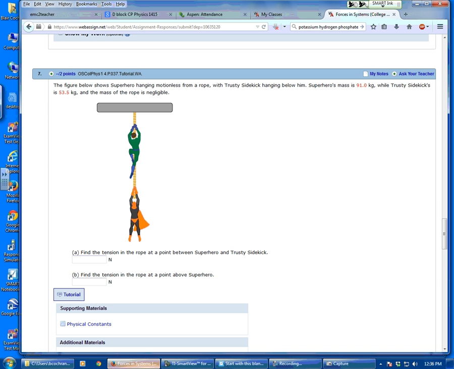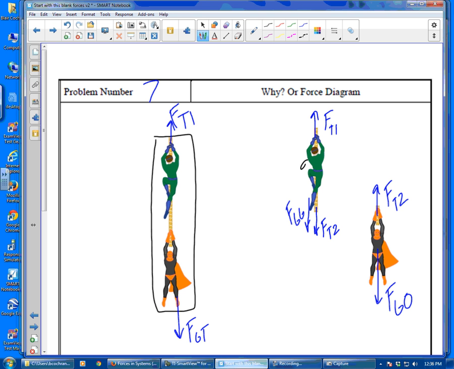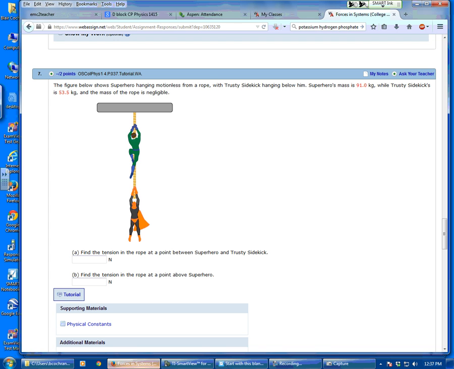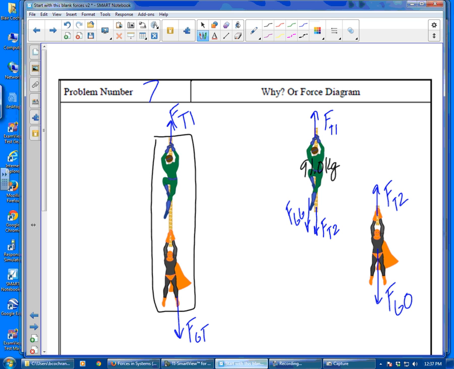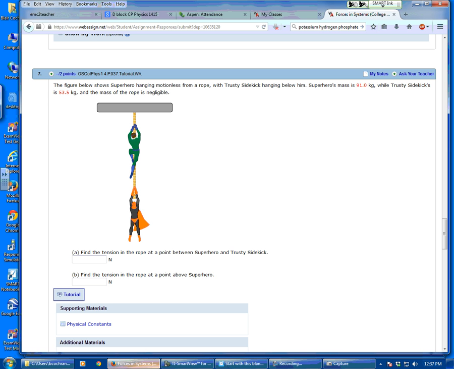So the superhero Green Man is 91.0 kilograms. Force of gravity, so the weight of Green Man, G. And it says the superhero hangs with the trusty sidekick hanging below him.